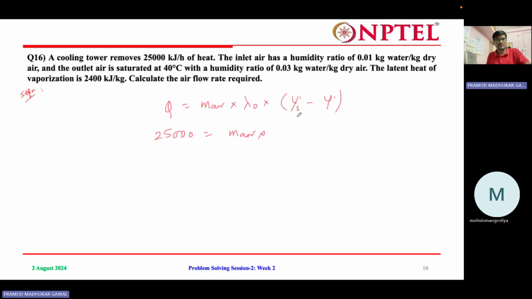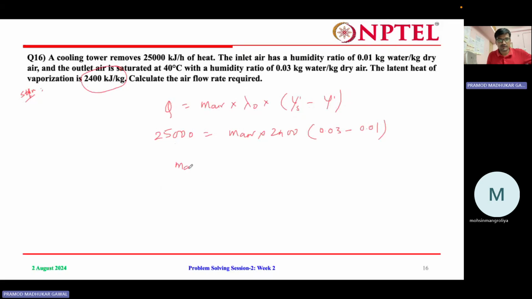The latent heat of vaporization at a temperature of 30 to 40 degrees Celsius for water, but the latent heat of vaporization at 0 degrees Celsius is 2500 kilojoules. So this is the latent heat of vaporization for a temperature of 30 to 40 degrees Celsius. 24 divided by saturation humidity 0.03 minus 0.01, right?